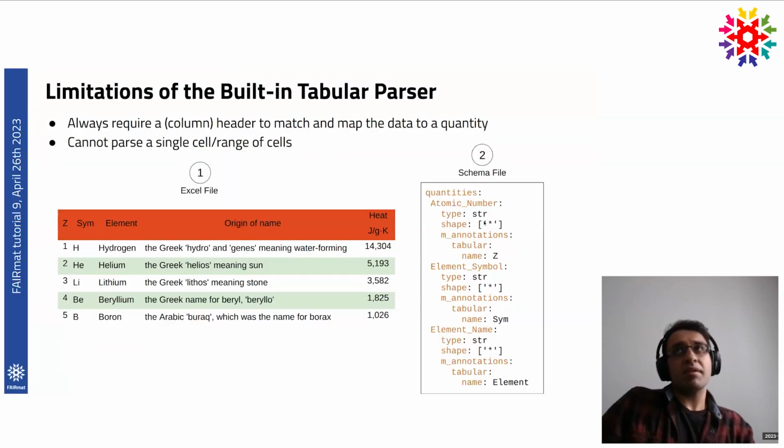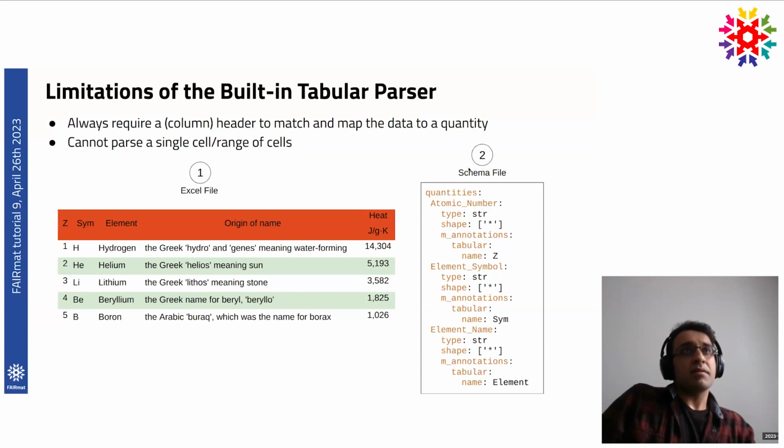So what is missing from the current version of the tabular parser is, imagine you have your Excel file like this. You should have one row that contains your header, and beneath it the rest of the rows contain the data that is supposed to be parsed.